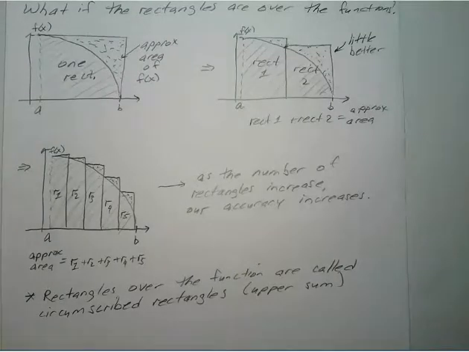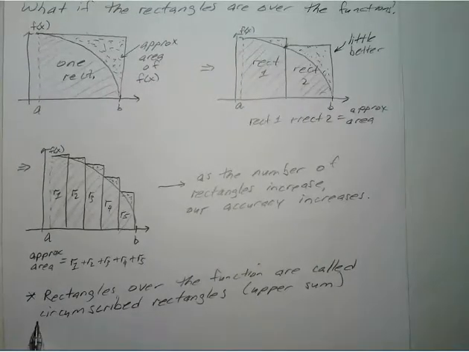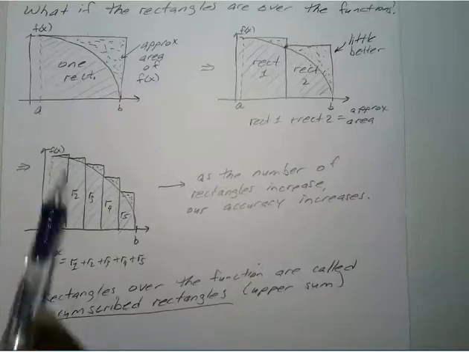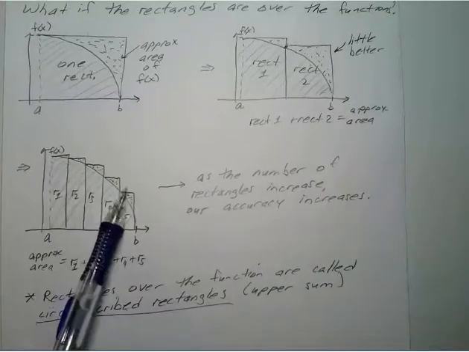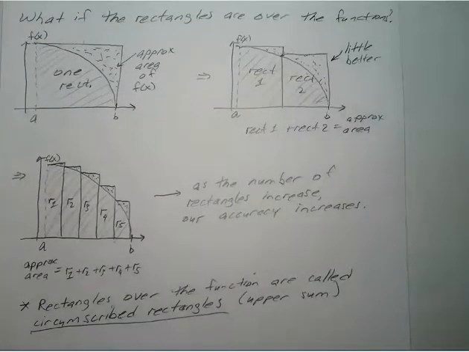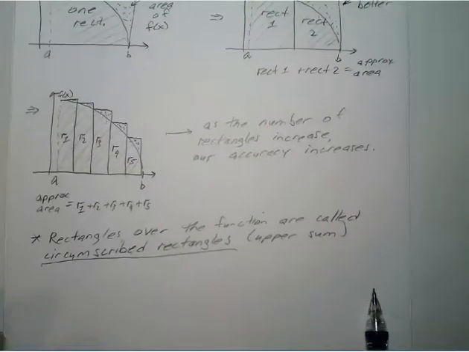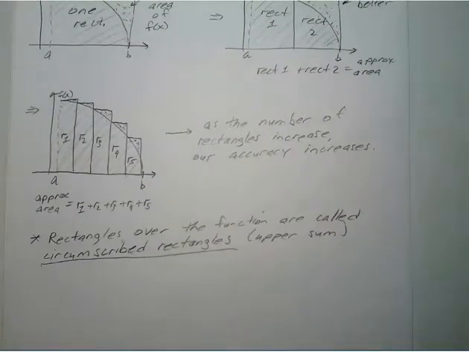Because remember, for the inscribed rectangles, we left space that we didn't count when we tried to figure out the area. For circumscribed rectangles, we're counting too much space. We're going over the function. That's why that's called the upper sum, because it's our big guess, where the inscribed rectangles are our lower estimate.